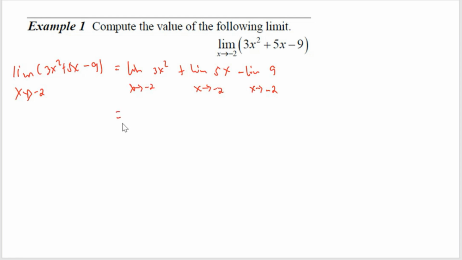I already wrote minus, so it is not -9. Now you try to use the properties that we have just discussed. Since there is a coefficient, we write the coefficient before the limit. So we have 3 times the limit of x squared as x approaches -2, plus 5 times the limit of x as x approaches -2, minus the limit of 9 as x approaches -2.